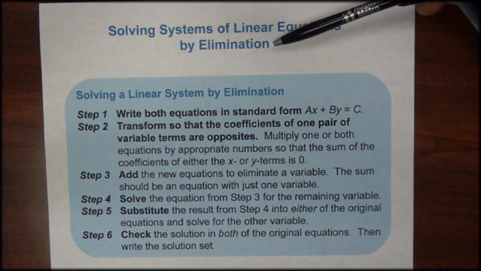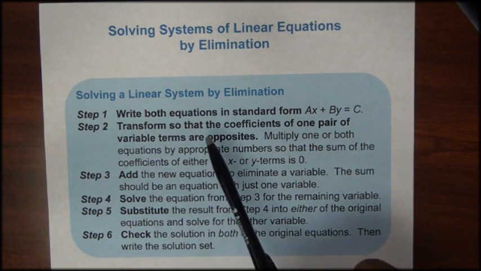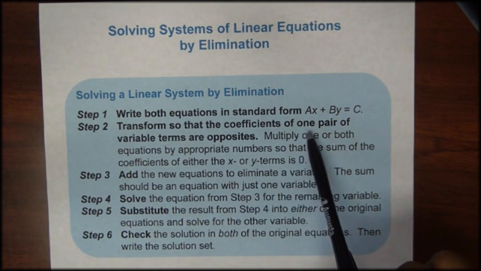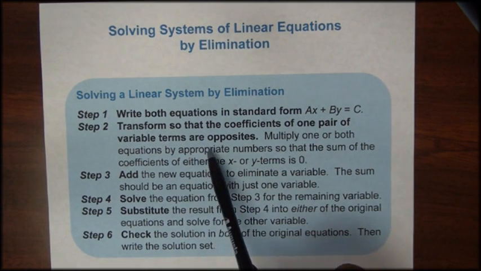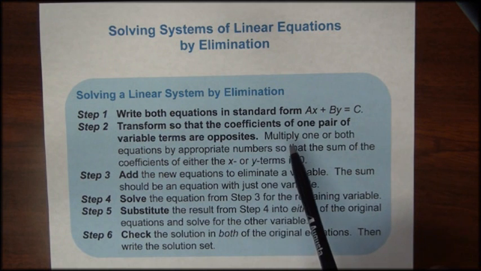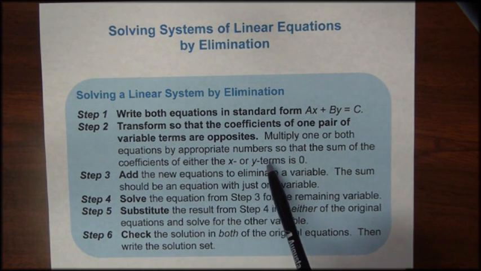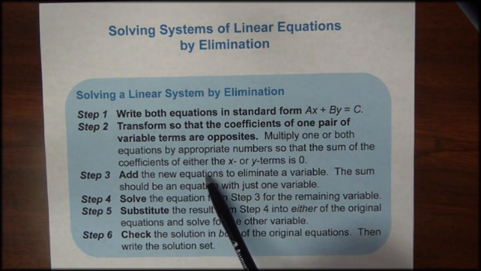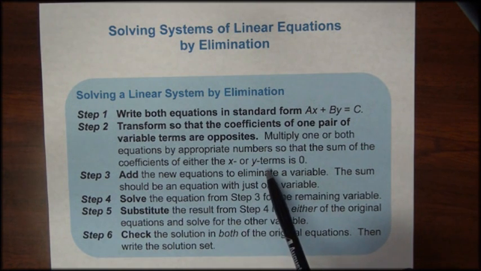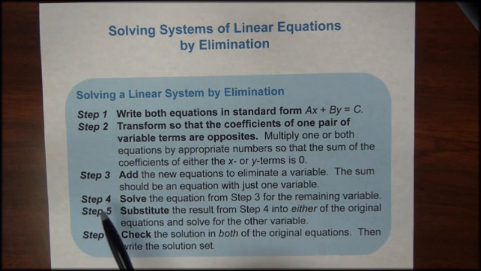Since this is the elimination method, we're going to transform so that the coefficients of one pair of variable terms are opposite. So we should multiply one or both equations by the appropriate number so that the sum of the coefficients of either x or y terms are 0. The third step is we'll add the two new equations to eliminate a variable.